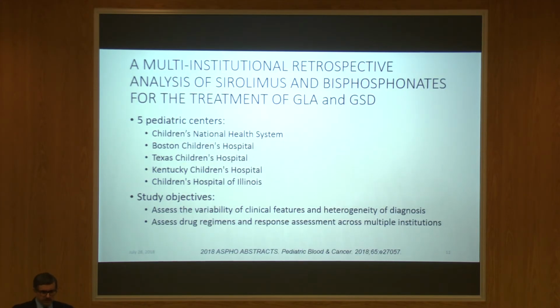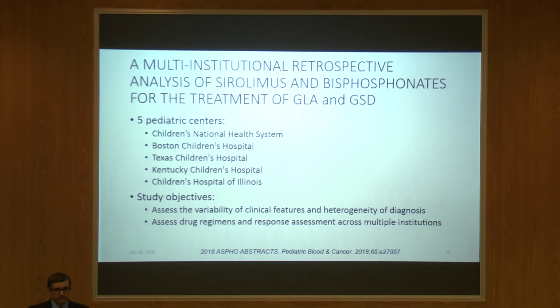Another piece of data that I wanted to share with you is a multi-institutional study that we did that looked at 5 different institutions, including our institution, but also Boston Children's, Texas, Kentucky, and Children's Hospital of Illinois. We wanted to look at the combined experience of 5 centers because we know the numbers are very small in each center.